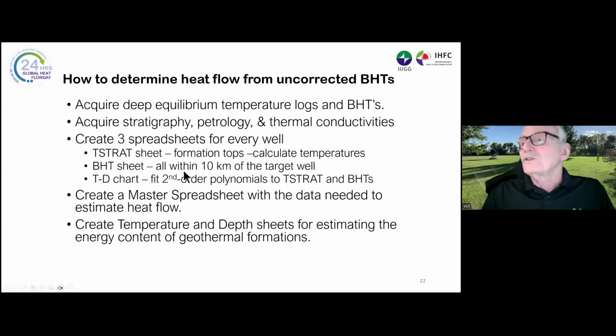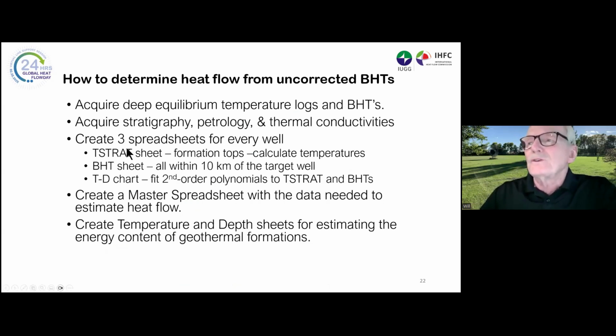So I'm going to show you how we went about it, and then how you can do it, and what the results are of doing that. So the first thing, you get the data for the temperature logs. You've got to get the thermal conductivities, all the stratigraphy, so you know as much about the rocks. And you can usually get that from the local geological surveys. Then we created 3 spreadsheets for every well.